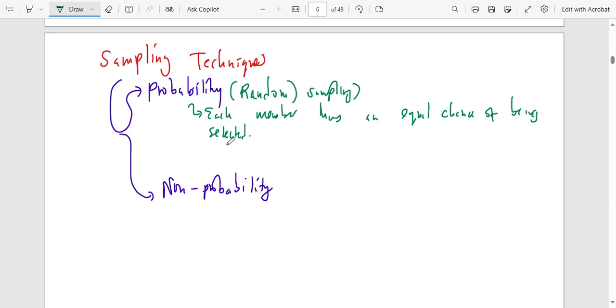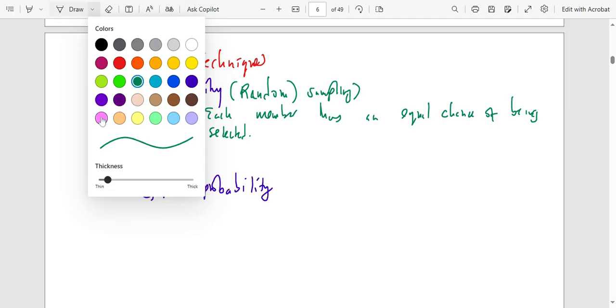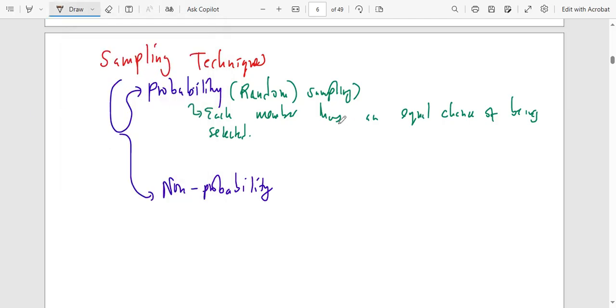Okay. Now, in probability sampling, again, you have got different types that we have to know. Let's divide them. Number one, simple random sampling. Number two, stratified sampling.